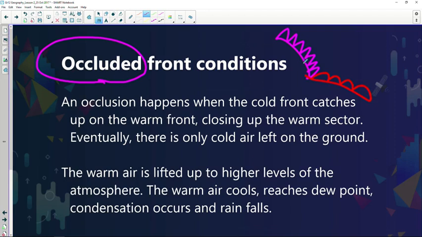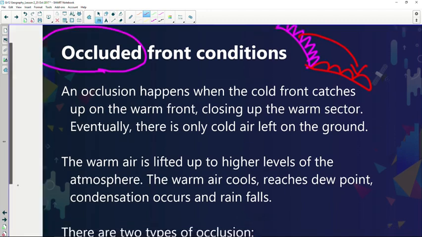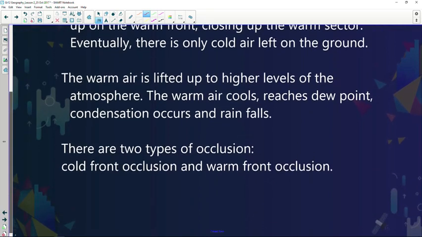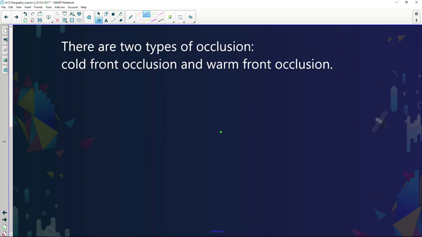So this cold front tries to catch this warm front. And when it does, it's known as the occluded stage. And what it looks like on a synoptic map, it's a mixture of the cold front with the warm front.